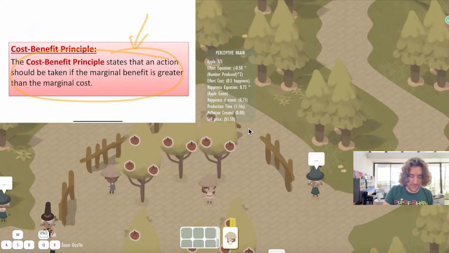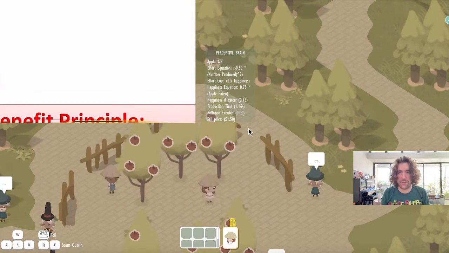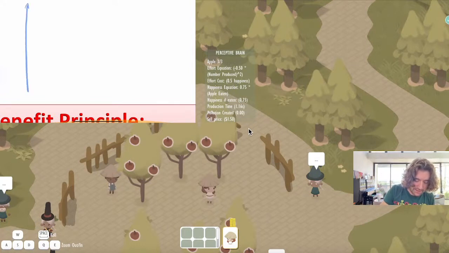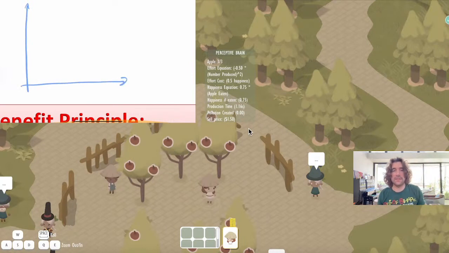You can see, for example, and let me condense this information for you, you can see the effort equation. This means that your character is gonna exert effort, and so your character is gonna experience unhappiness from picking apples.